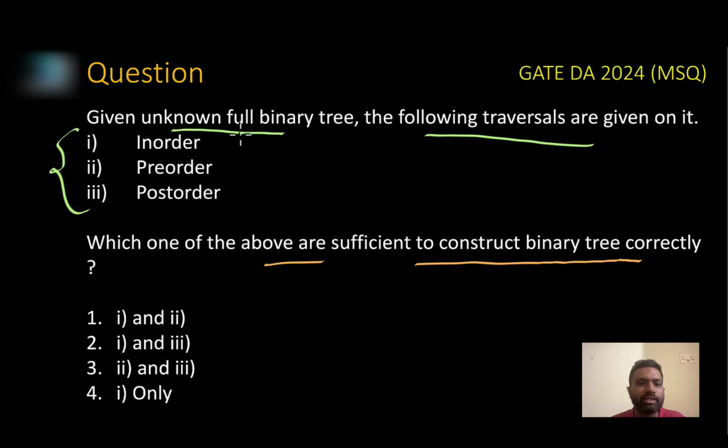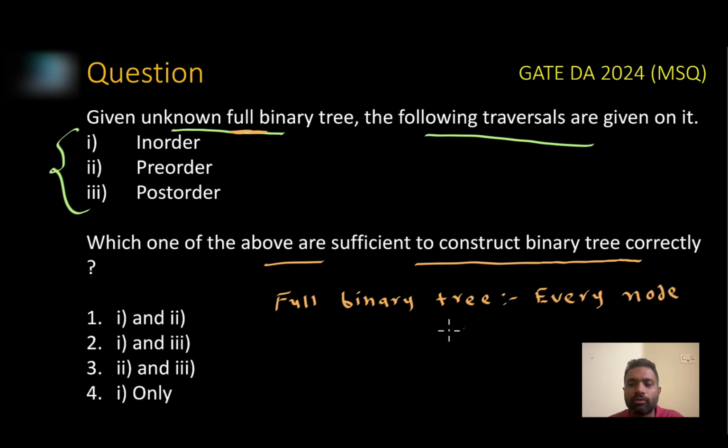Please note that in the question it is given that the binary tree is a full binary tree. So full binary tree, if you know the definition, is a tree where every node will have 0 or 2 children.